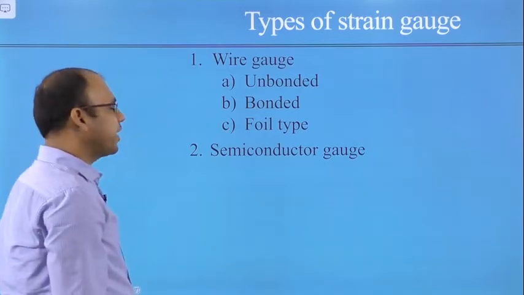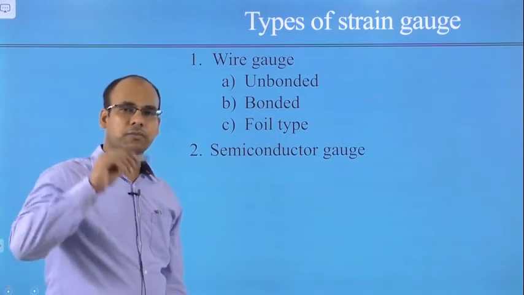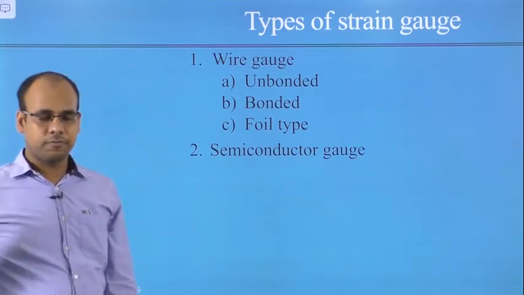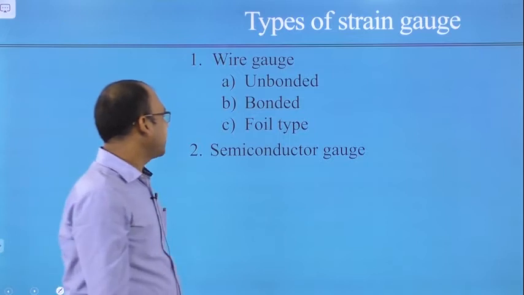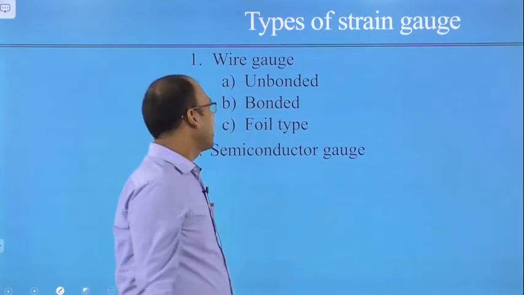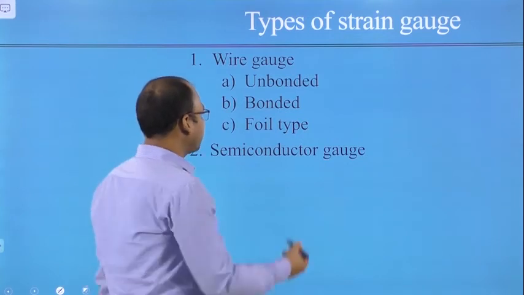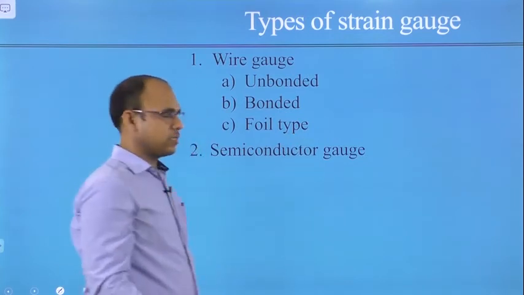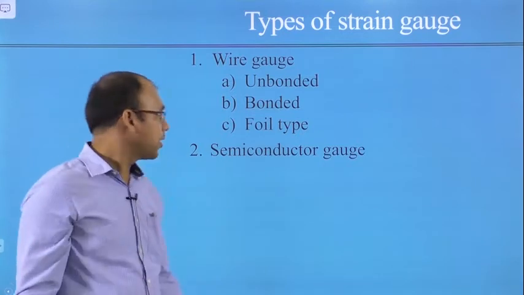That is a wire gauge, in which we are just putting a wire made of various types of material whose property is that they will change the resistance, and it comes under the bonded, unbonded, the foil type, and the semiconductor type also, right?